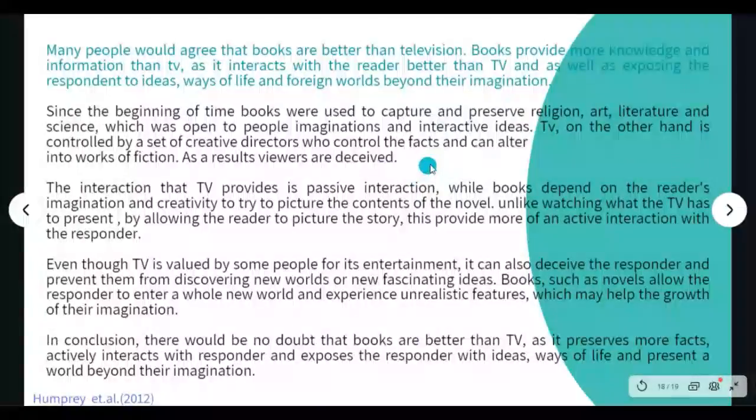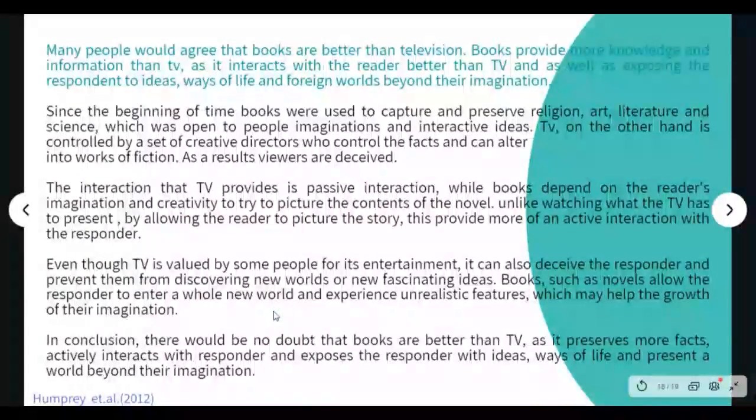Okay, the same way can be found in the next paragraph. The interaction that TV provides is passive interaction, while books depend on the reader's imagination and creativity, and so on. And then the fourth paragraph is also to give argument about how books are better than TV.